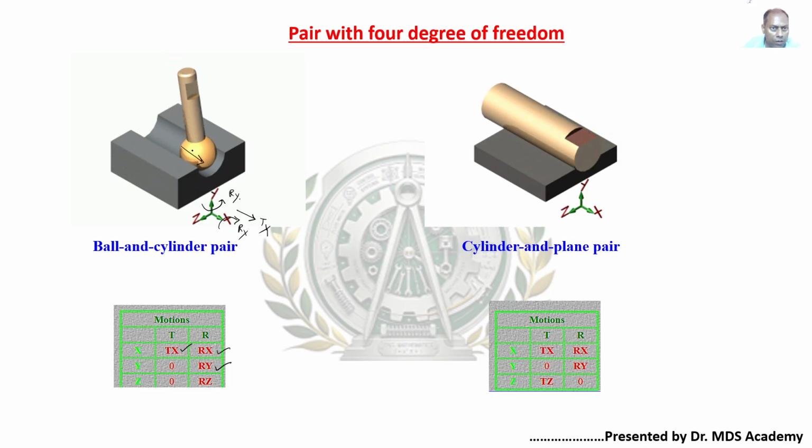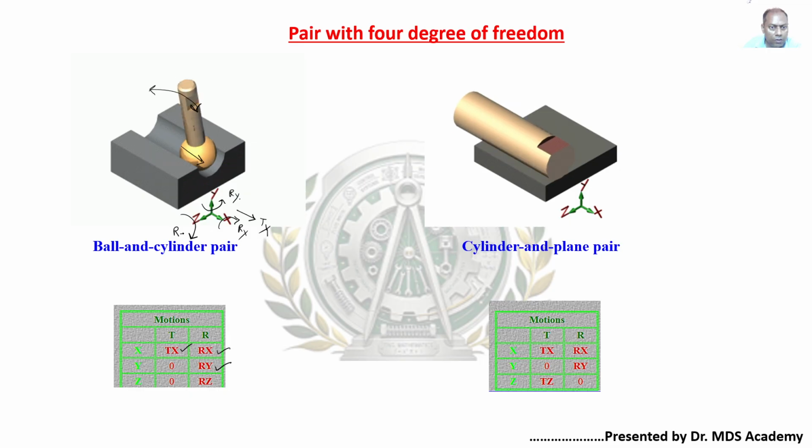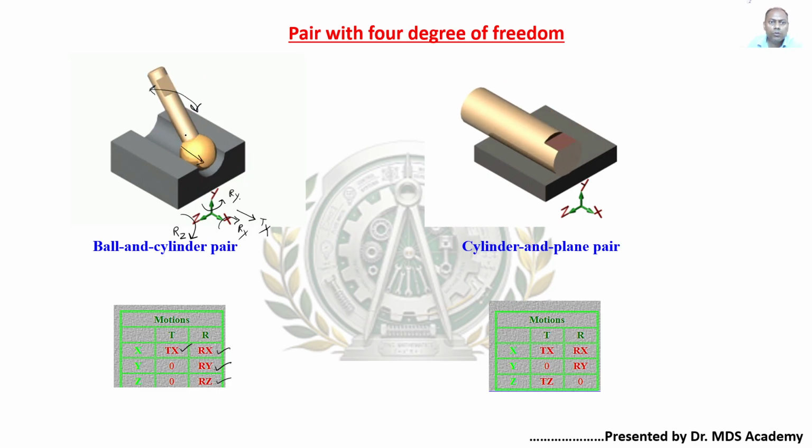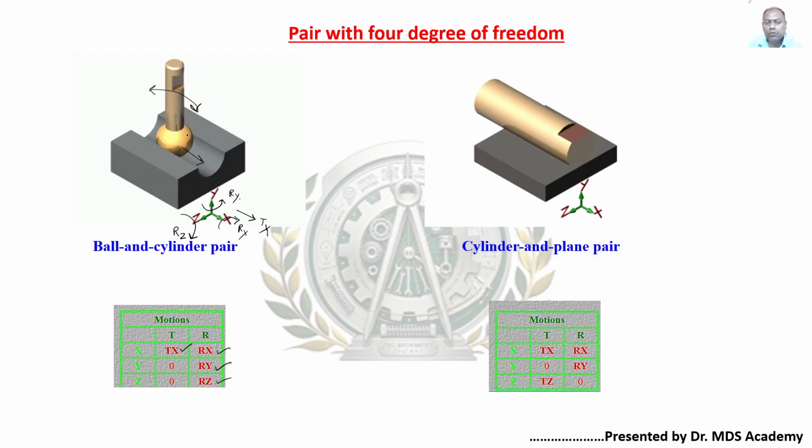Yes, it is doing rotation like this, that's why Rz is present. So we have 1, 2, 3, 4 four different separate inputs required to obtain the constrained motion, or to bring this mechanism, to use kinematic chains for useful engineering purposes.